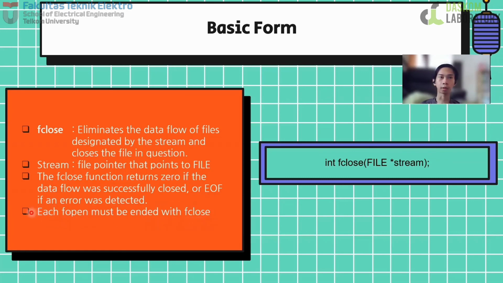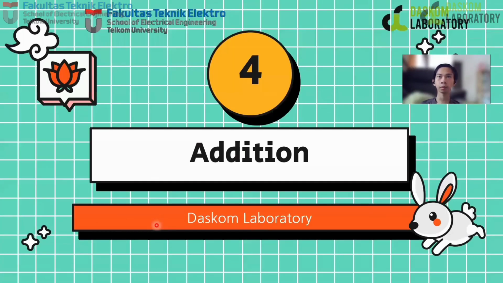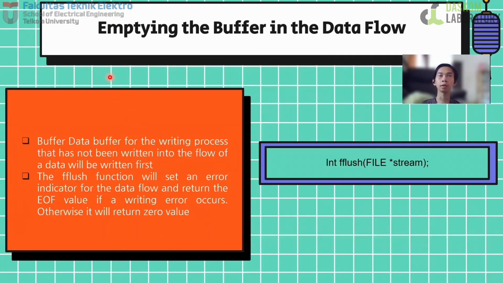This is very important because, for example, if we open a book, we will close the book, alright? Then for the addition, here we will be emptying the buffer in the data flow. The basic form of emptying the buffer is fflush with the file stream.